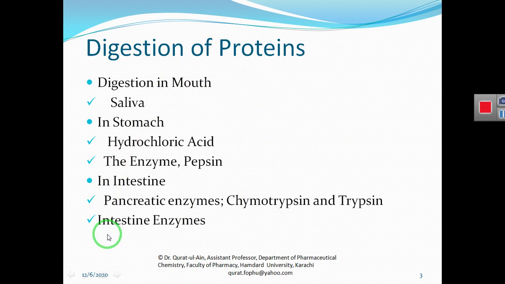So in the next slide, this is the summary of all the enzymes that take part in this process, and how the mechanical and the chemical digestion take place in our body.